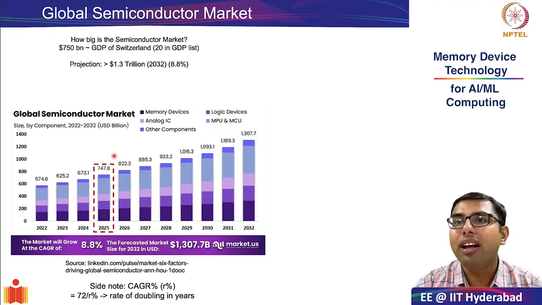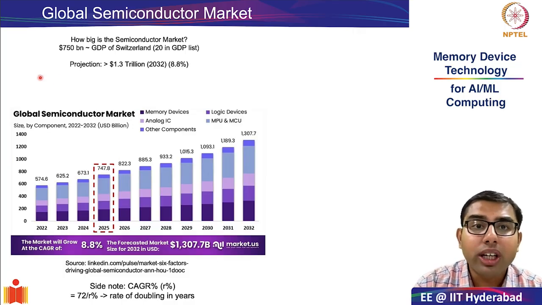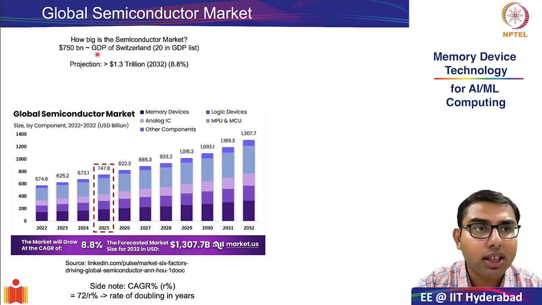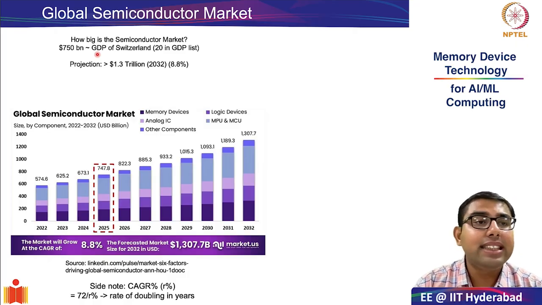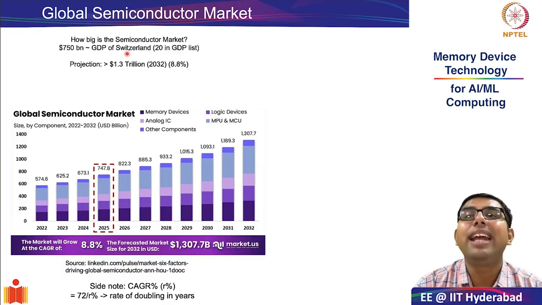What does it look like in comparison to the GDP of countries? So what is GDP? The full form of GDP is gross domestic product. Gross domestic product is the price of all goods and services produced in a country in 1 year.